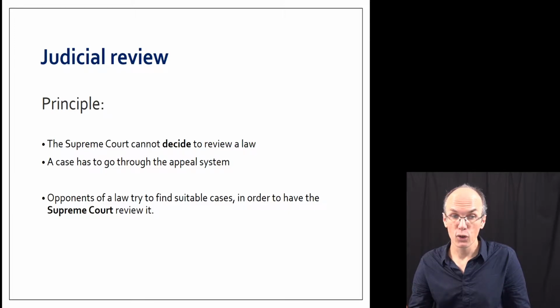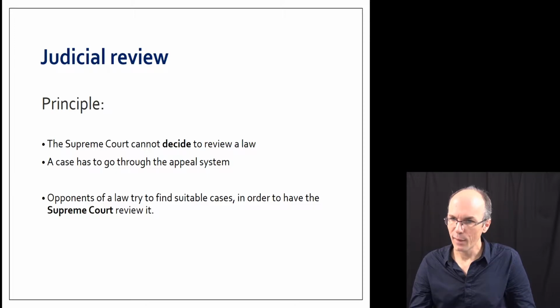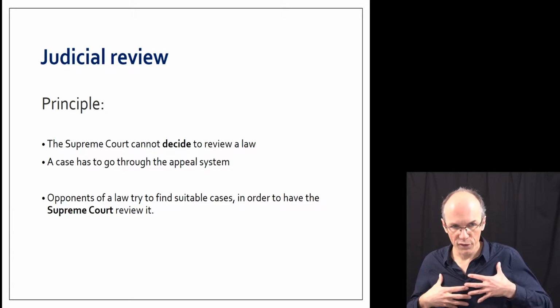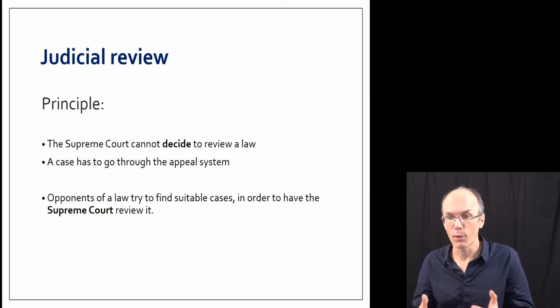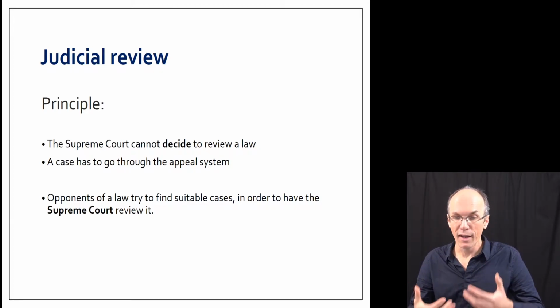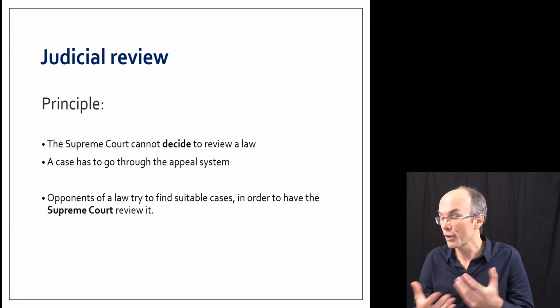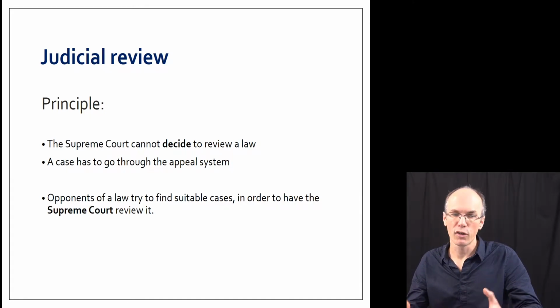It has to wait for someone to complain, which means that the opponents of a law have to prove first that the law harms them, that the law has had an effect, before they can go to the US Supreme Court. So it still functions like a court of justice. Someone has to have something to complain about. But after that, it goes into judicial review and the US Supreme Court can review the law.